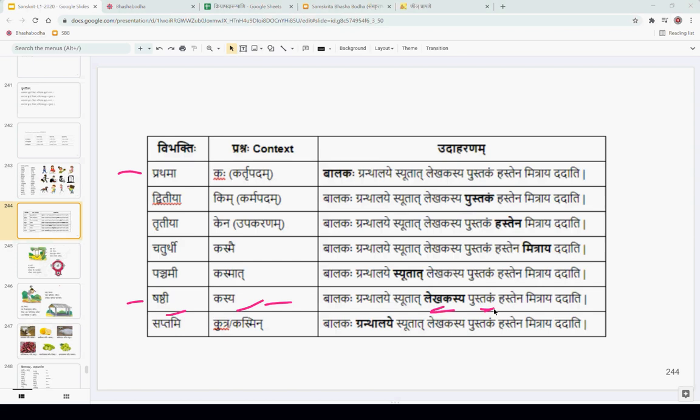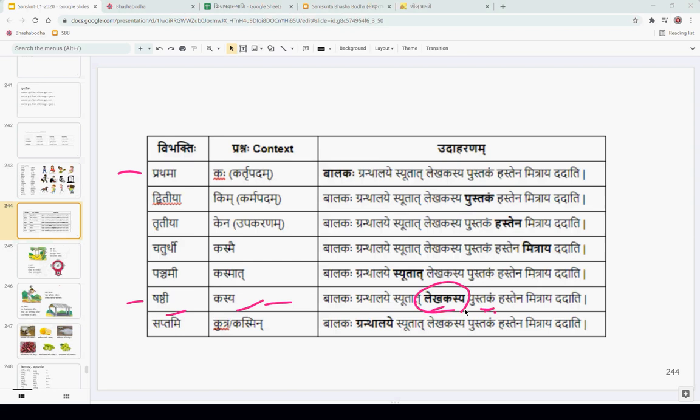The Pustaka is owned by or belongs to the Lekhaka, the writer. So that is indicated by the possessive or the relationship. That relationship is indicated by adding the Shashti Vibhakti, which changes it to Lekhakasya.